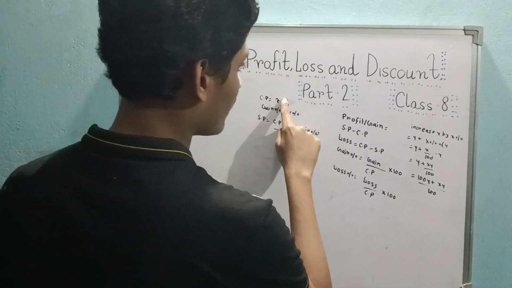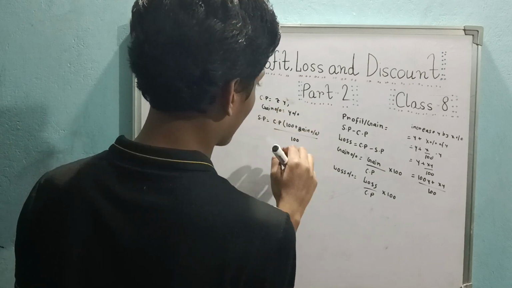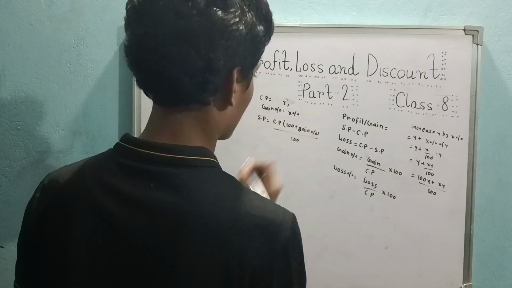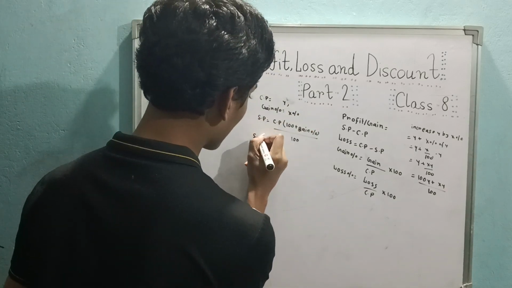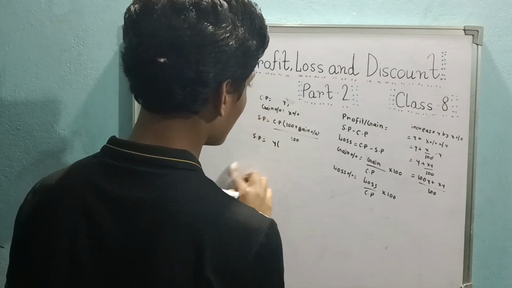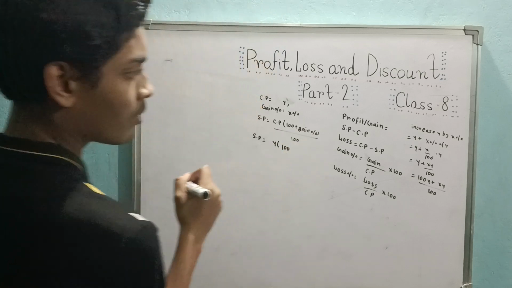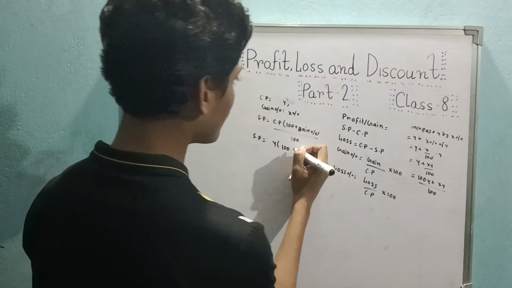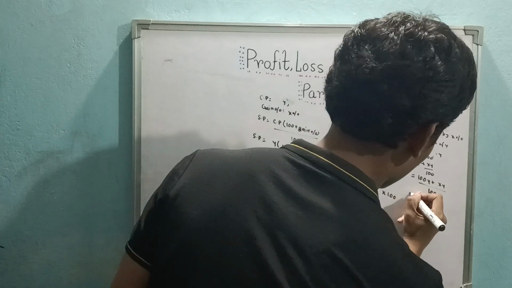Now see this. I am taking this cost price as Y and this gain as X%. Now selling price will be what? Equal to cost price, which is Y, multiplied by 100 plus gain percent, which is X. This can be simplified, right?